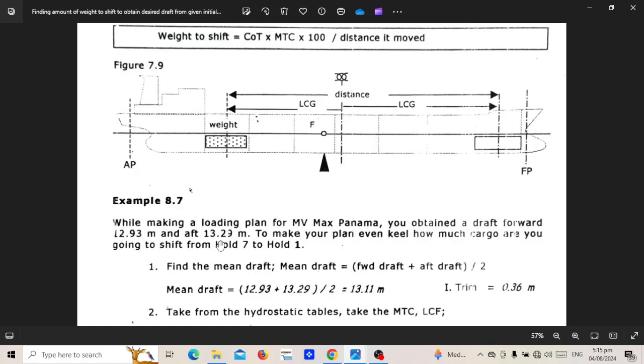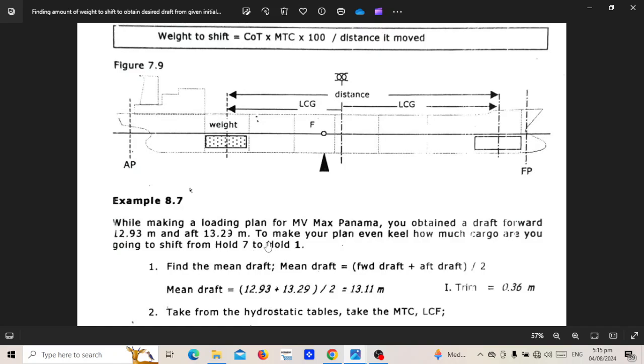So since we are trimmed by the stern, we are to take some cargo in hold number 7 and put it in hold number 1 so that we will have an even keel, no trim.